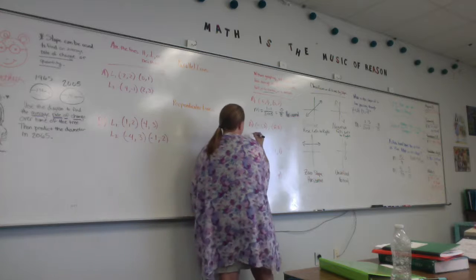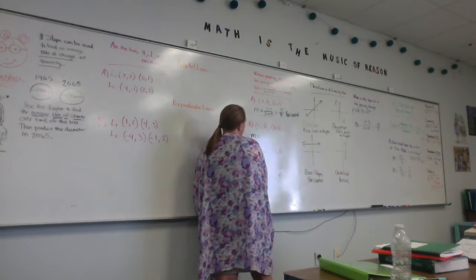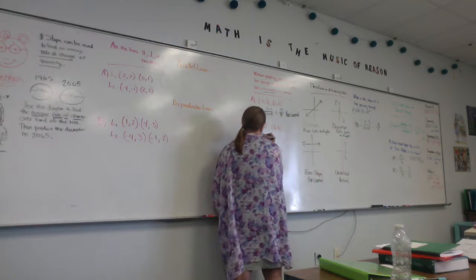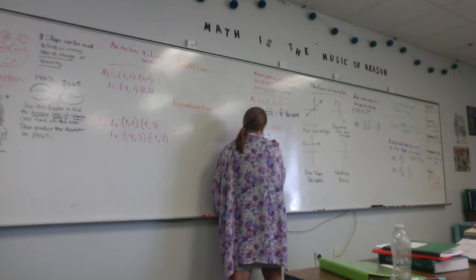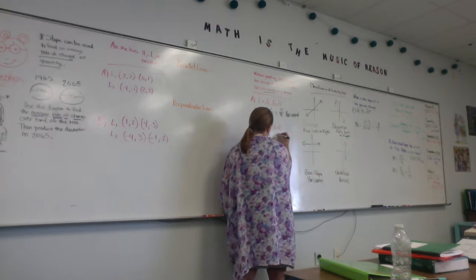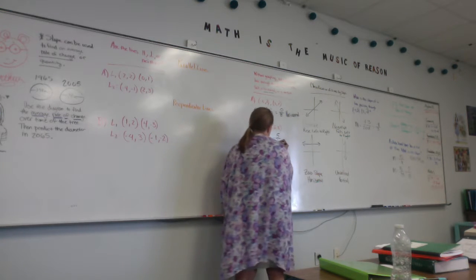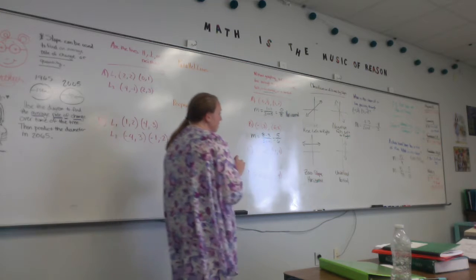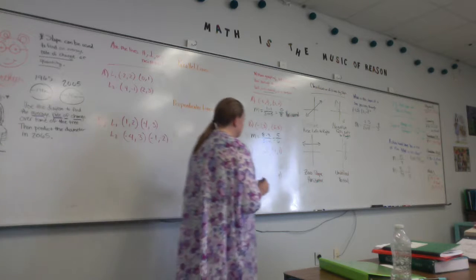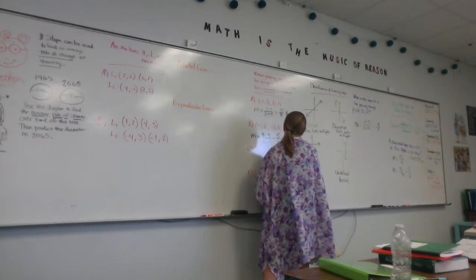Next one. How do I set up this slope? 8 minus 3 over 5 minus negative 1. So 8 minus 3 is 5. And 5 plus 1 is 6. And what type of slope is that? Positive, which means it's rising. Okay, it rises.